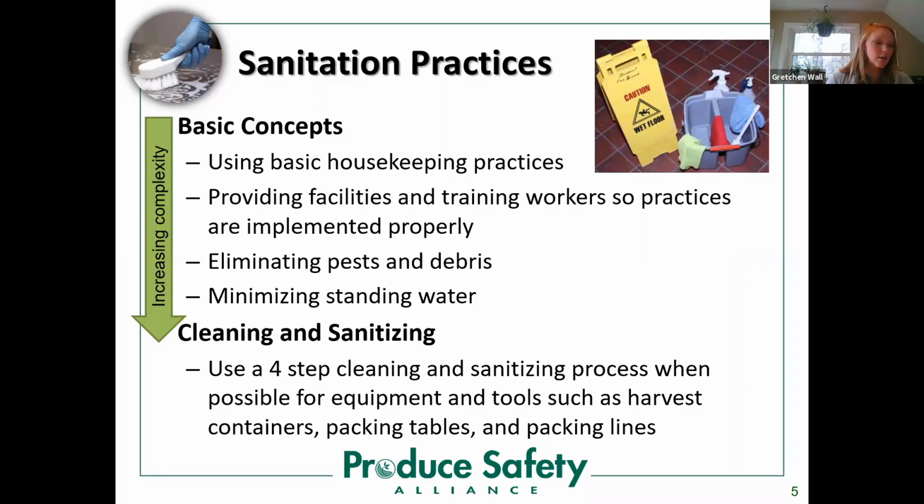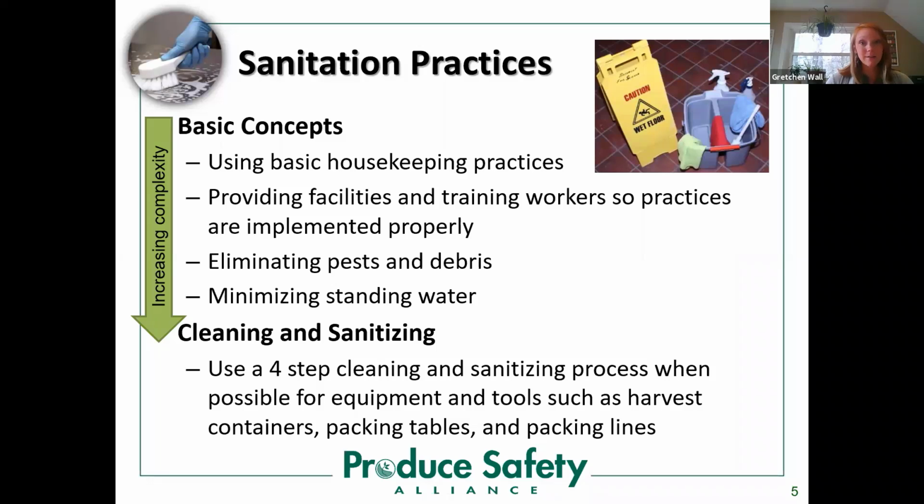Later in this module, when we discuss some of the specific examples, such as carpeting in packing houses or wood bins, it's important to discuss why these particular practices can present risks, and then how they can move to a lower risk practice or a lower risk food contact surface, even if it's not the perfect solution.